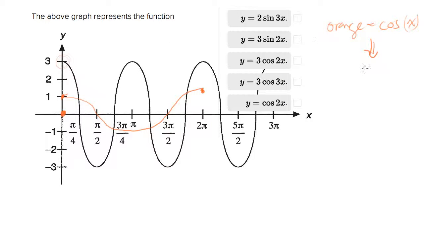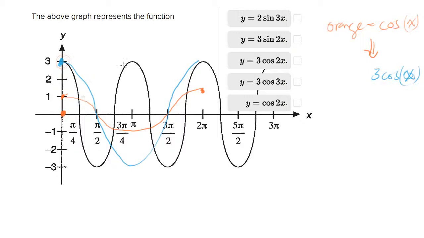In blue, we'll do 3 cosine of x, which will have the same period, but now it will be 3 times bigger. Right, so that's what happens when you multiply by 3. However far you are from the x-axis, you're always 3 times further if you multiply by 3. It's as simple as that.